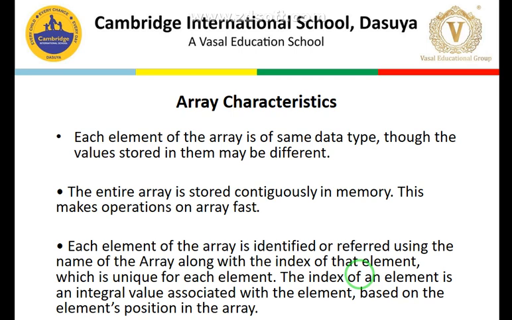Array characteristics: the data should be of the same type, elements are stored contiguously, and each element of the array is identified or referenced using the name of the array along with its index. These are a few features or characteristics of the array data type.